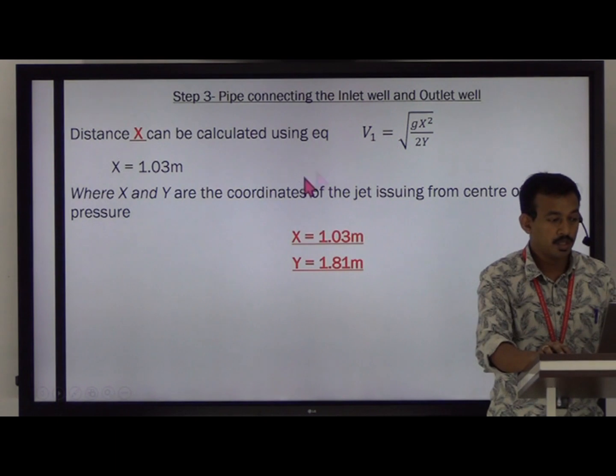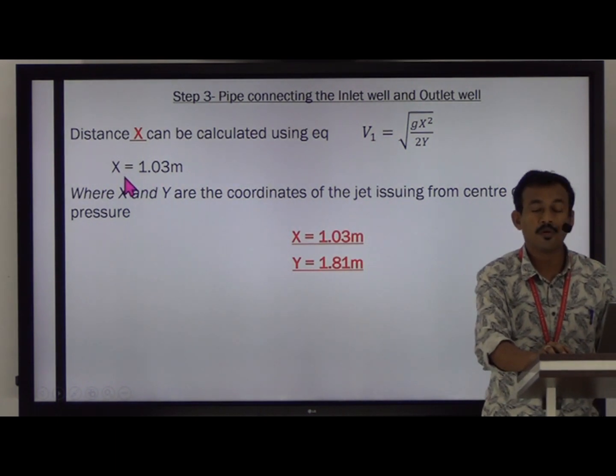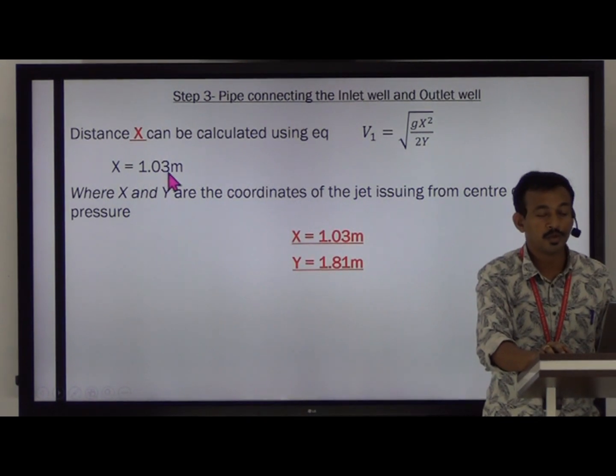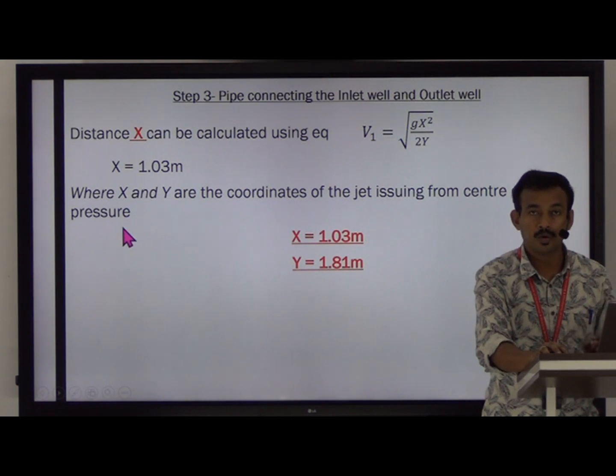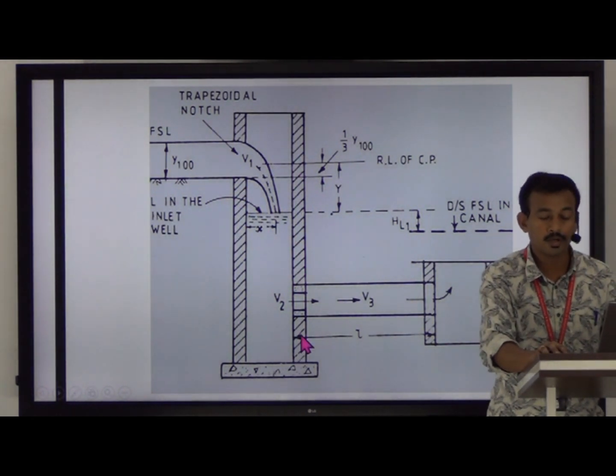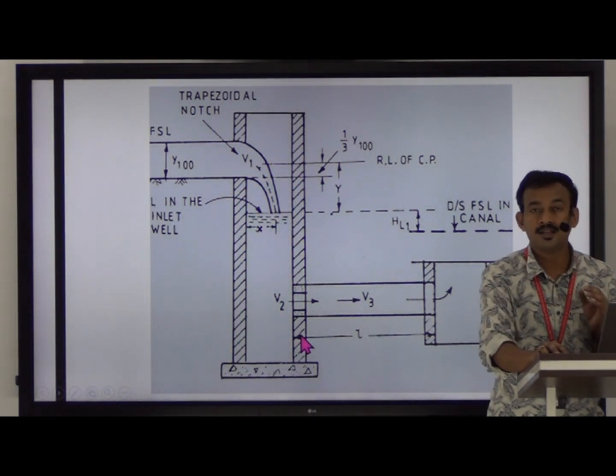Using this equation, you can solve for x and you will get x equal to 1.03 meter, where x and y are the coordinates of the jet issuing from the center of pressure. Only if you know the value of x and y, you will be able to place the position of the inlet well. That is the significance of the calculation of x and y in this particular design.